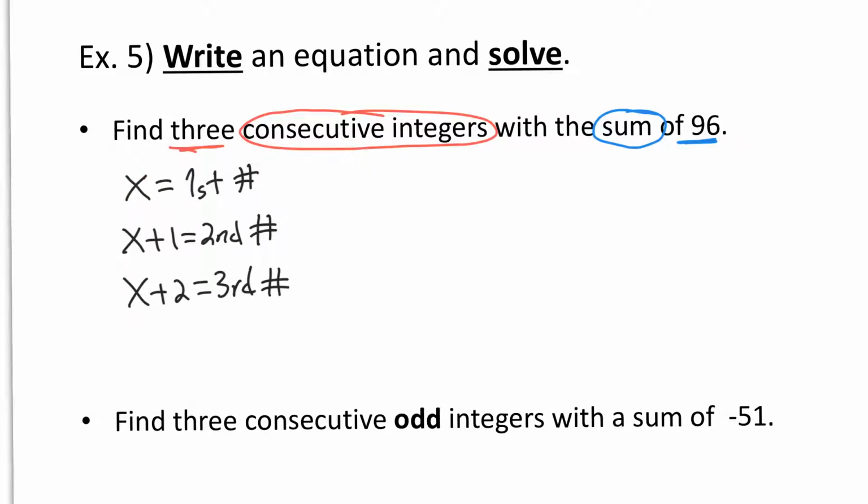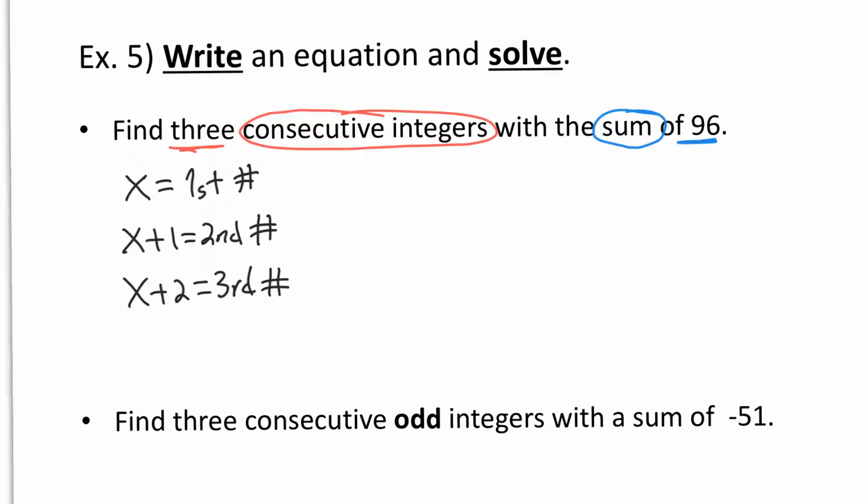We don't know what it is, it's just a random number. But let's pick a different example. Let's say it is 16. If the first number is 16, the second number has to be 17, which is 1 more than 16. And then the next consecutive integer has to be 18, and 18 is 2 more than 16.